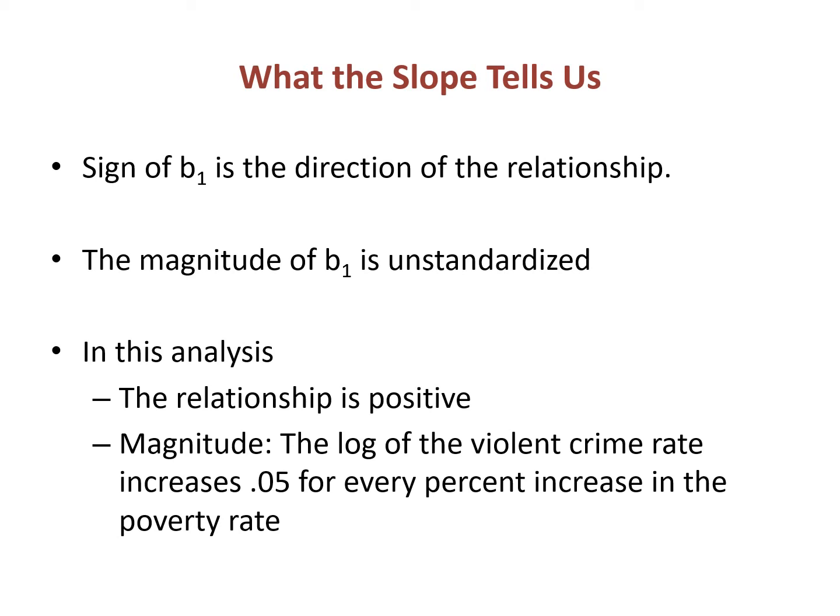B subscript 1 has a magnitude, but it is unstandardized. The slope tells us that the direction is positive, that is, the log of the violent crime rate increases as poverty increases. The unstandardized magnitude is the rise over the run. The log of the violent crime rate increases 0.05 for every 1% increase in the poverty rate.